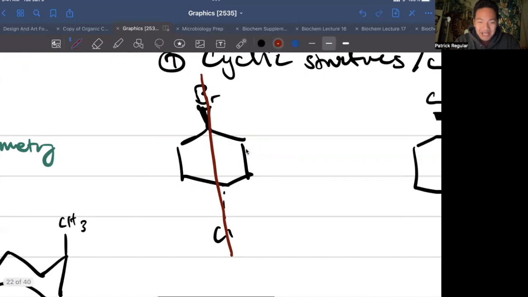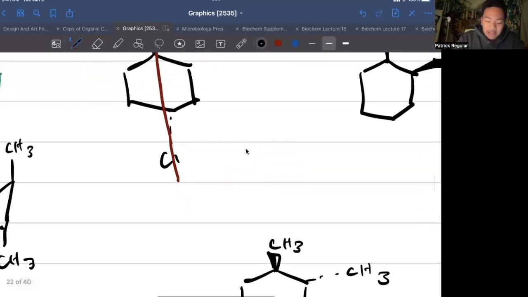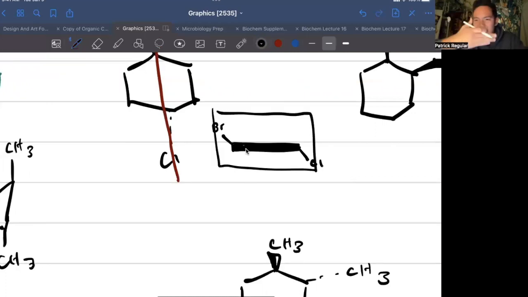But when it's written like this, it's planar. And let's just say you're looking at the side view of that cyclohexane. All right, this is the side view. Your bromine is facing up, your chlorine is facing down. Well, that line of symmetry just cuts through the entire thing, like, I like to imagine a glass slide just slicing through it.